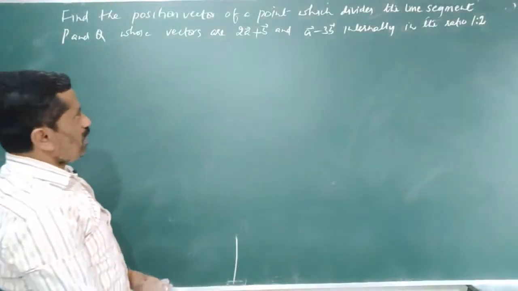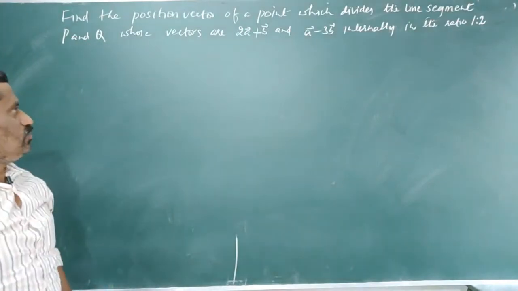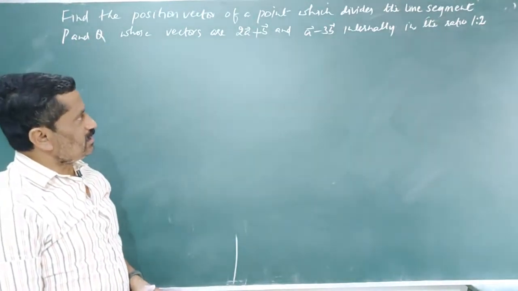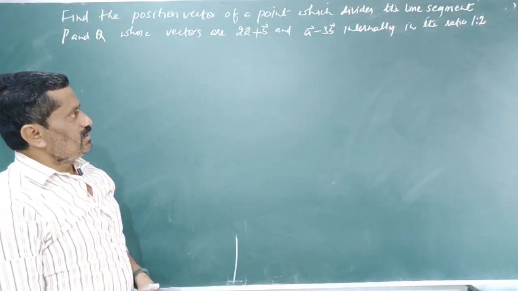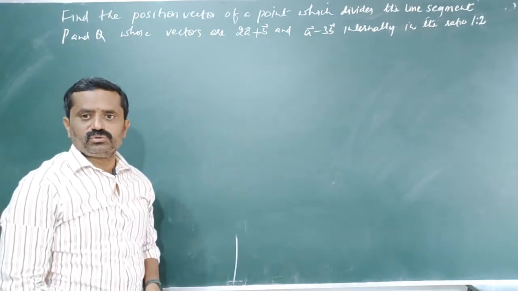Find the position vector of a point which divides the line segment PQ, whose vectors are 2A bar plus B bar and A bar minus 3B bar, internally in the ratio 1 is to 2.